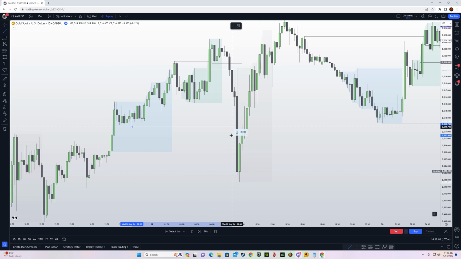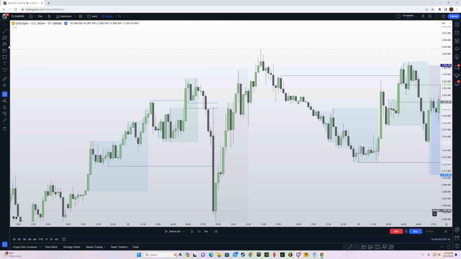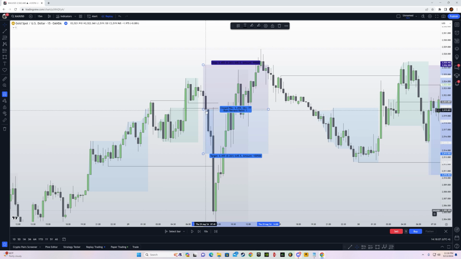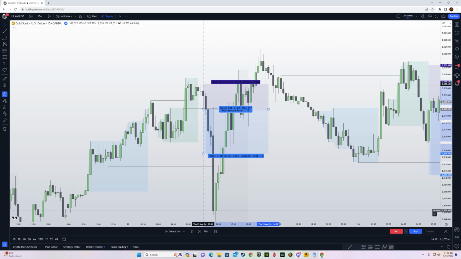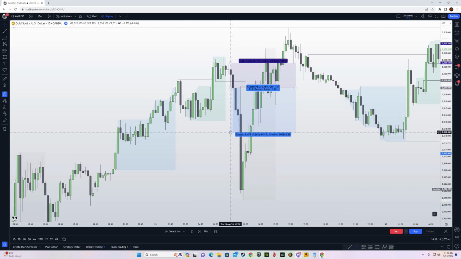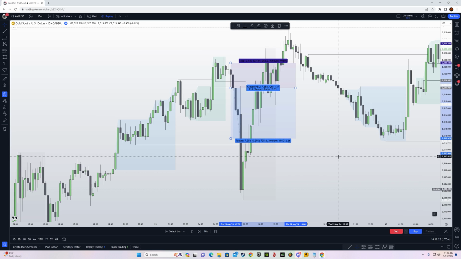And you can just see how well it works. So inversion, entry on the retest, or actually I would enter here because it's just way too close. And my stop, you can see this is the highest wick. I would put it somewhere around here. And wow, insane, guys. It's incredible how well it works.